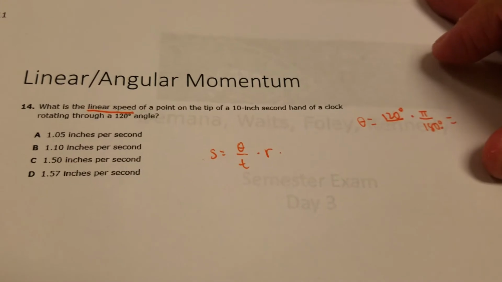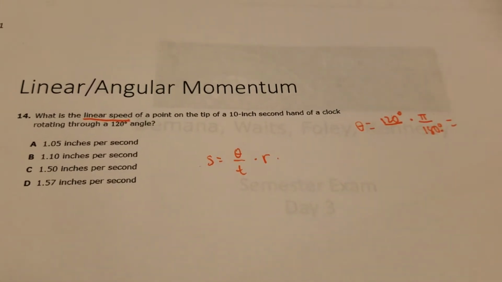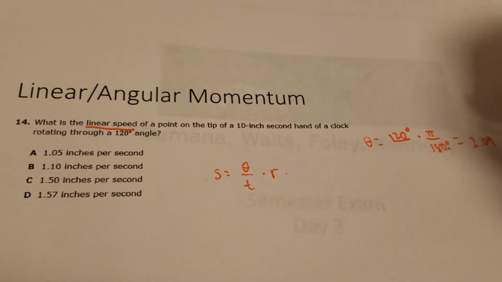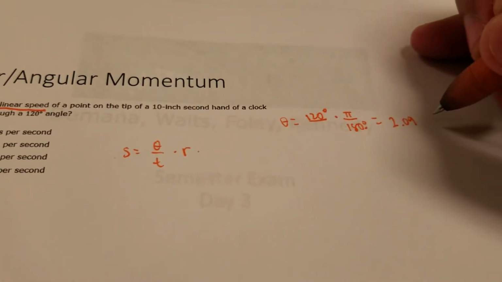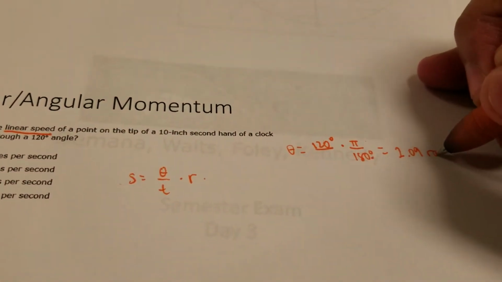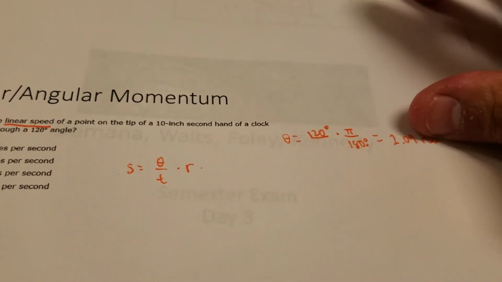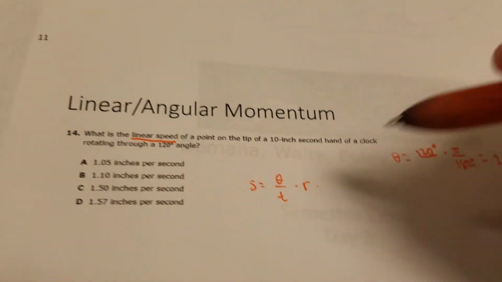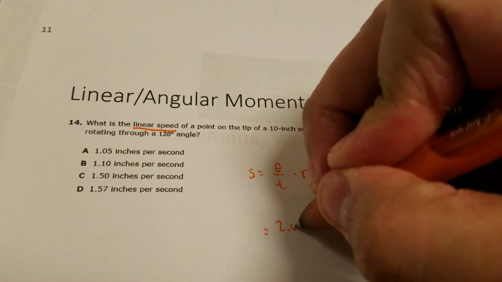When I do that, this equals 2.09 radians. So I have my angle and my radius. The only thing I'm missing is time, so I'm going to fill this in here.